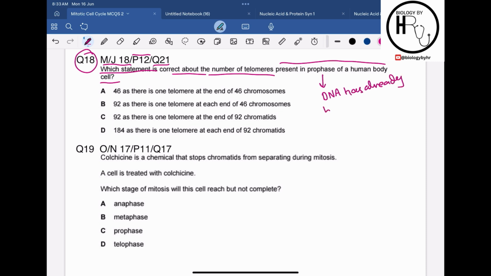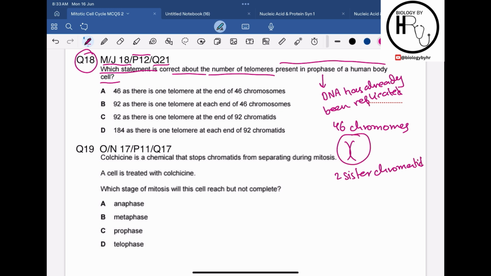So there are 46 chromosomes in the human cell, and each chromosome consists of 2 sister chromatids. This is one chromosome consisting of 2 sister chromatids, and the telomeres are found at the end of each sister chromatid.